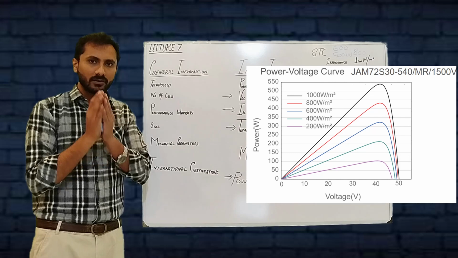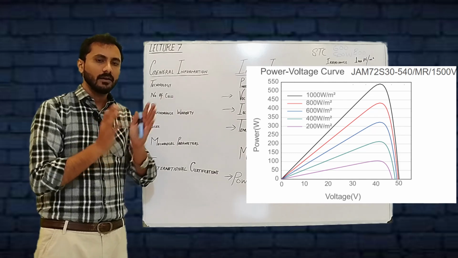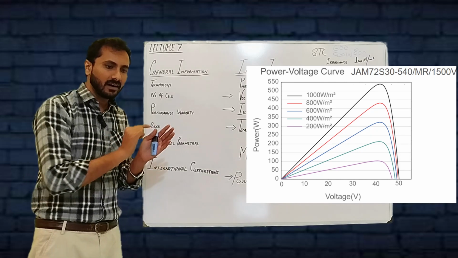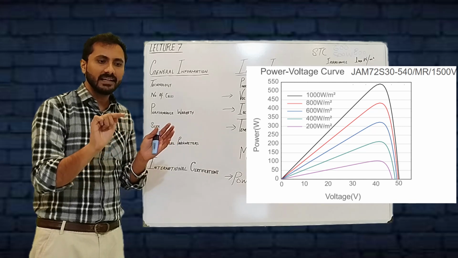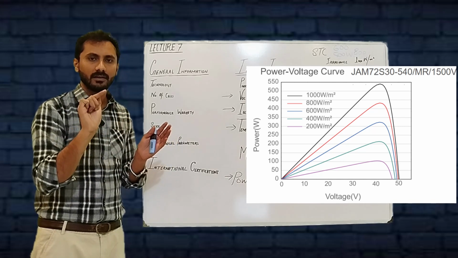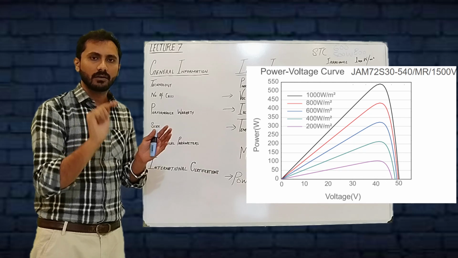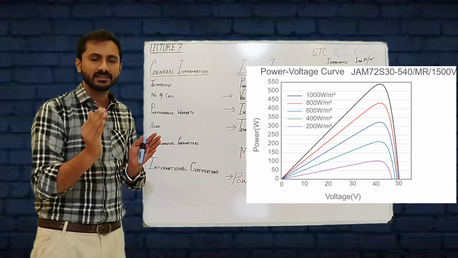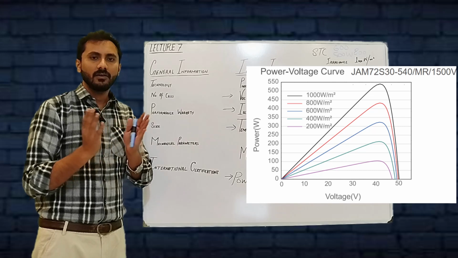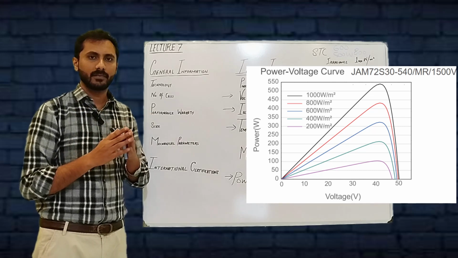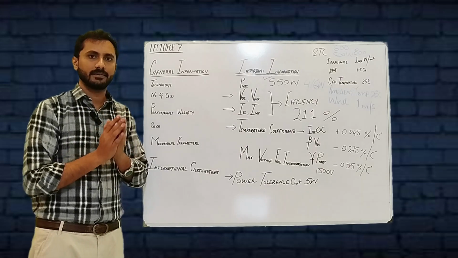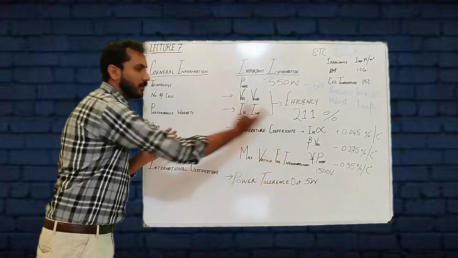In this case, for the 200 watt per meter square, we can see that the graph is nearly touching the 100 watt when the radiance is 200 watt per meter square, and the voltage is nearly equal to 47, 48. This is due to the effect of all of these coefficients.